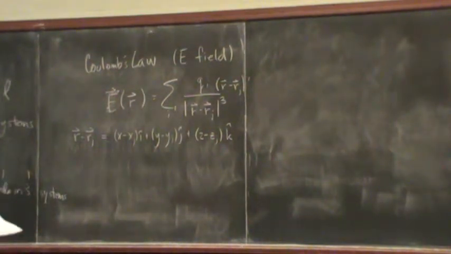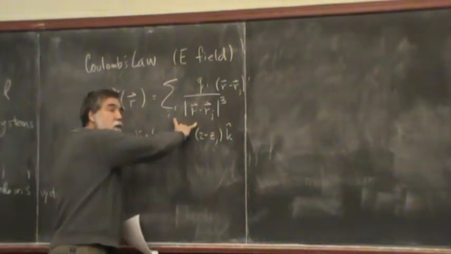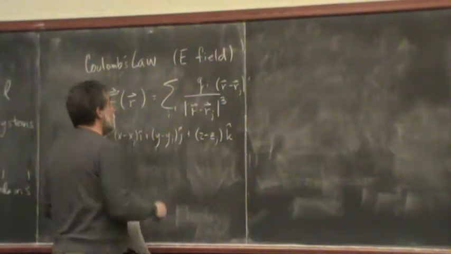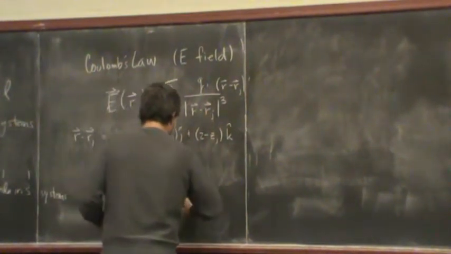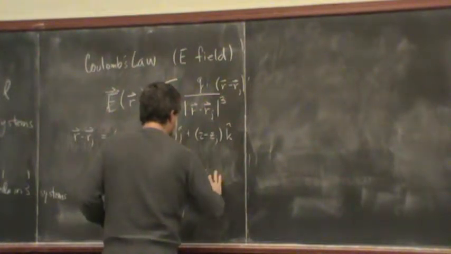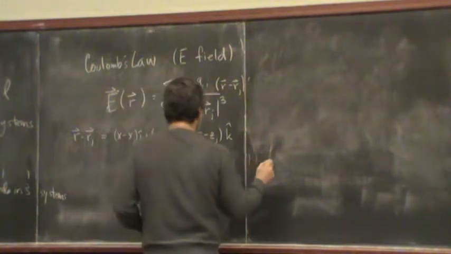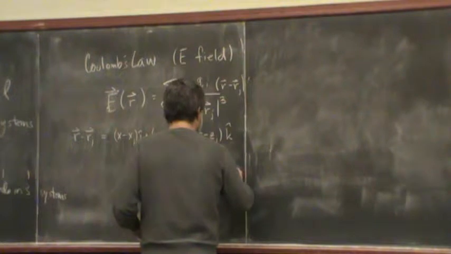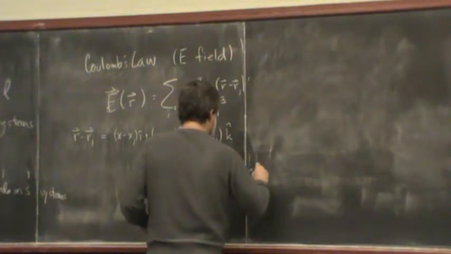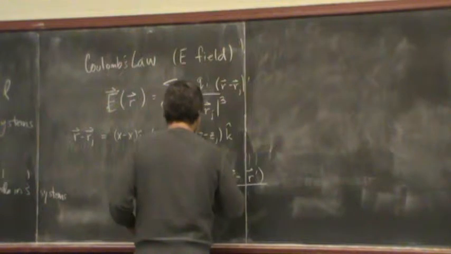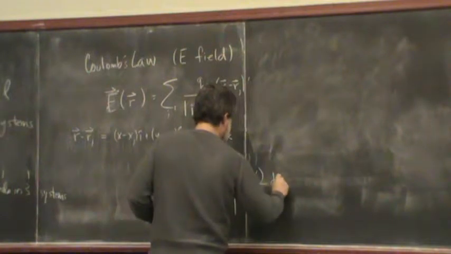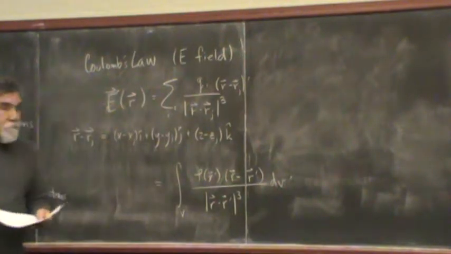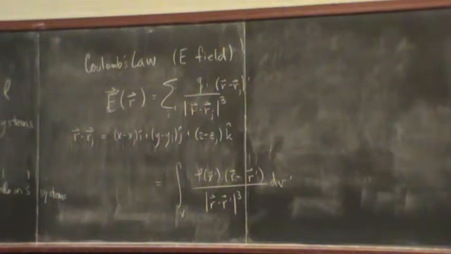And you could easily generalize to the integral over a charge distribution by making this a sum over the volume that includes the charge density. Everything else remains the same, integrating over all the positions of all of the charges.